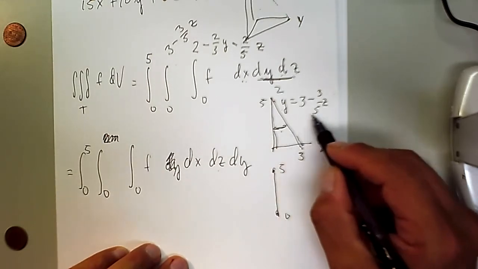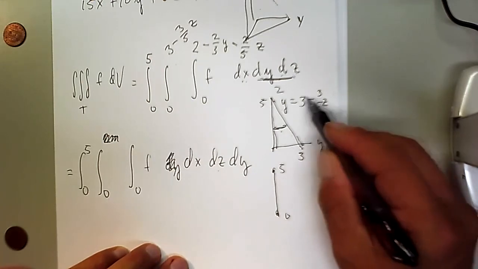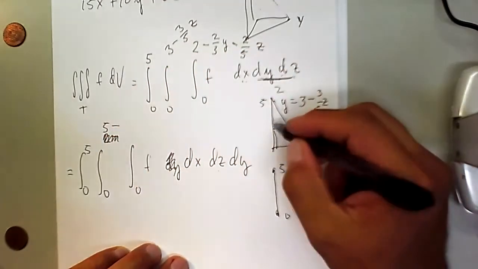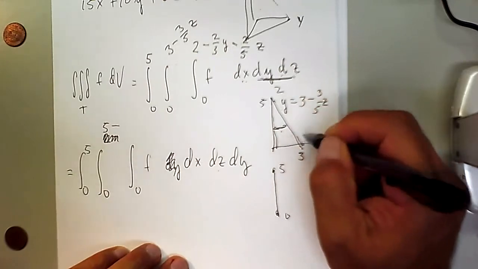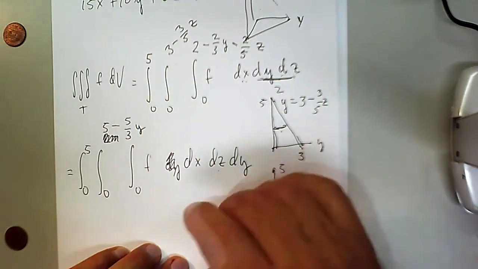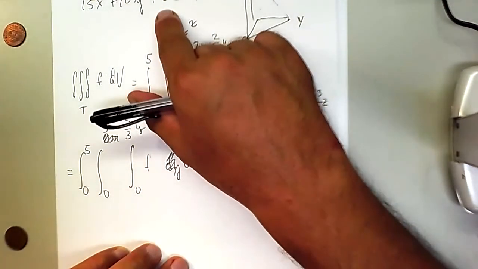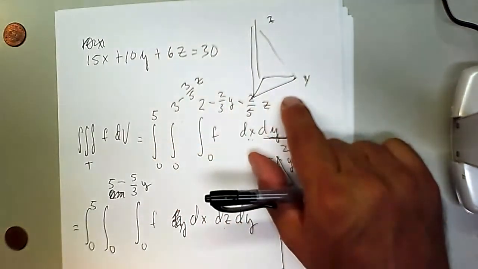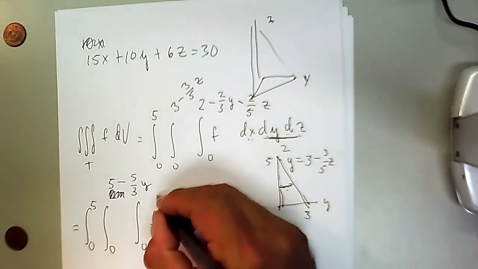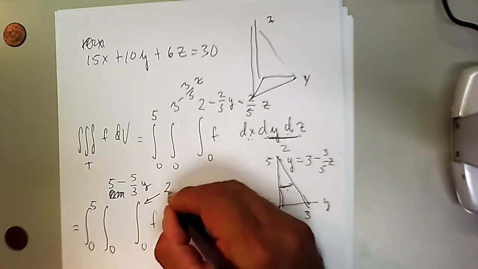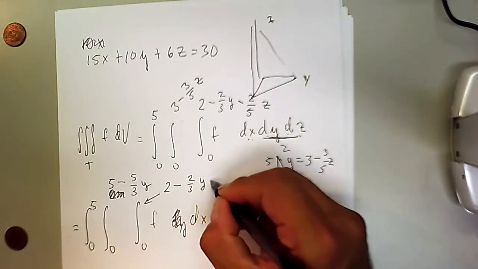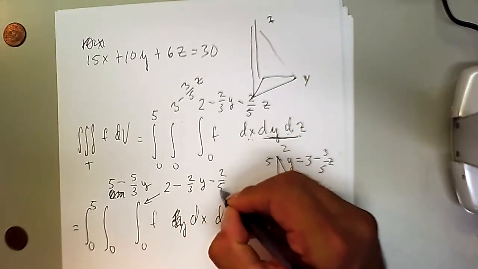The most z can be is 5 minus 5 over 3 y. And then we solve this equation for x. X can only go up to 2, so the upper limit here is 2, take away 2 over 3 y's and take away 2 over 5 z's.